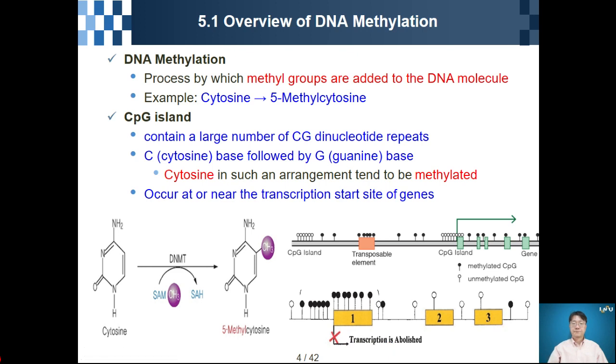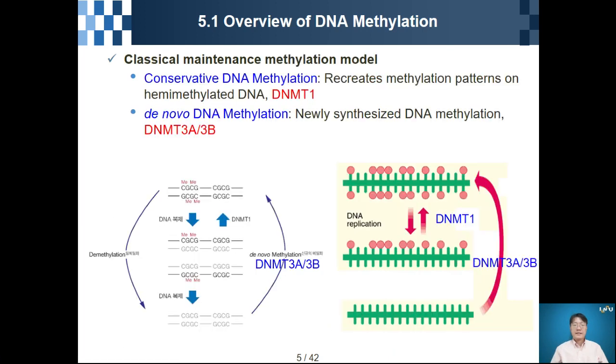In this slide, I will explain the classical maintenance methylation model. There are two models. The first one is conservative DNA methylation. The second model is de novo DNA methylation. Conservative DNA methylation means recreating the methylation pattern on hemimethylated DNA by DNMT1.